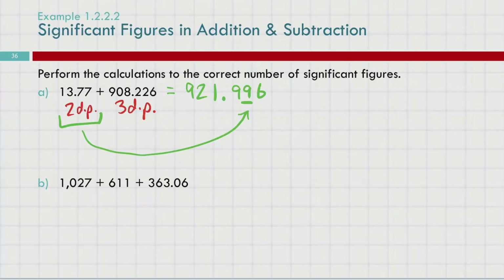So that 9 is our last significant figure. We look at the 6 to see how we round. 6 says, round up. And this, confusingly, mysteriously, to some of you maybe, turns into 922.00.